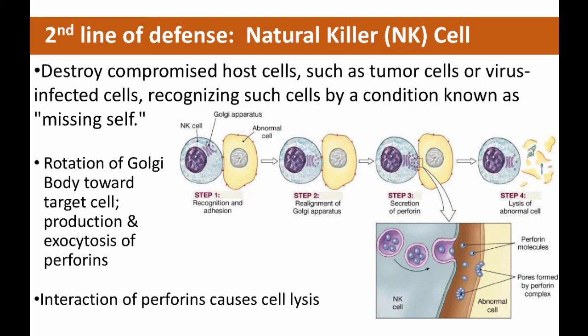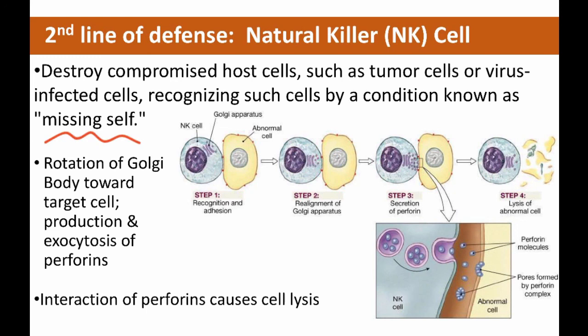So these are our own body cells that stop producing a protein called major histocompatibility complex with a specific self-antigen. So the natural killer cells recognize what's referred to as missing self.